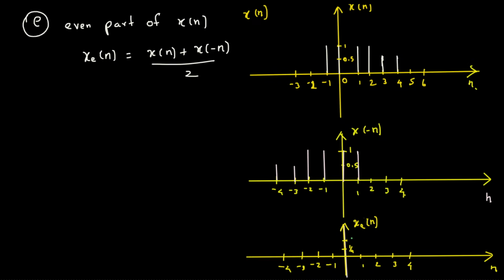Based on what we are getting, let's put the points. So for negative 4 we are getting 1 over 4 height. That's the only thing we are worried about for now. At negative 3 nothing exists on one side. Again same thing, 0.5 plus 0 divided by 2, which is 0.25. And then at negative 2 nothing exists here, but this is 1 divided by 2, 0.5. So we need the 0.5 for this. I put the 1 over 2 here.